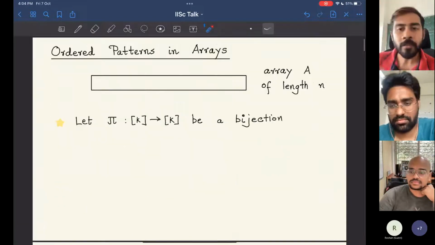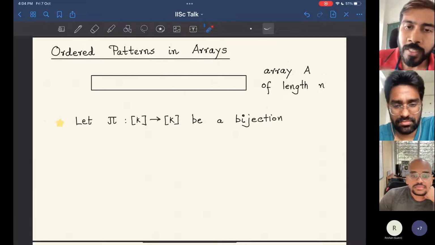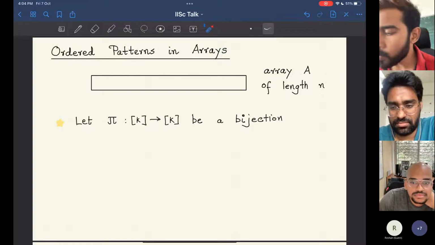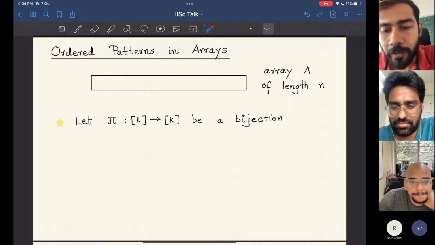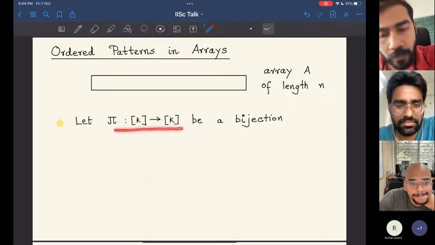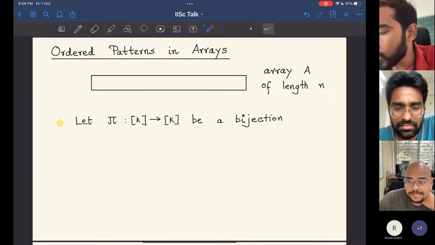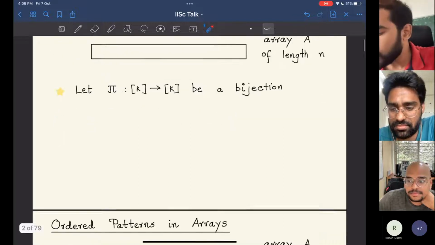So I'll first define what are ordered patterns in arrays. Our input objects are arrays of length n. Now let's assume that you also have a permutation pi of length k. It's a bijection from integers 1 through k to 1 through k. So it's a permutation, right?